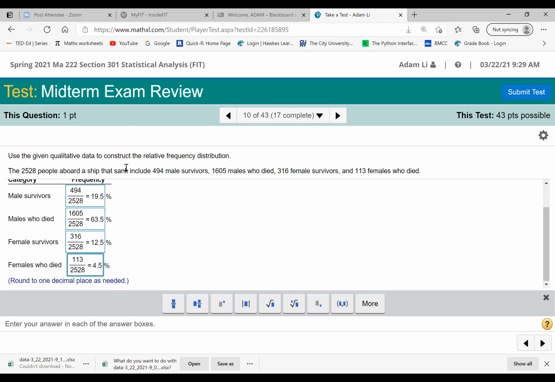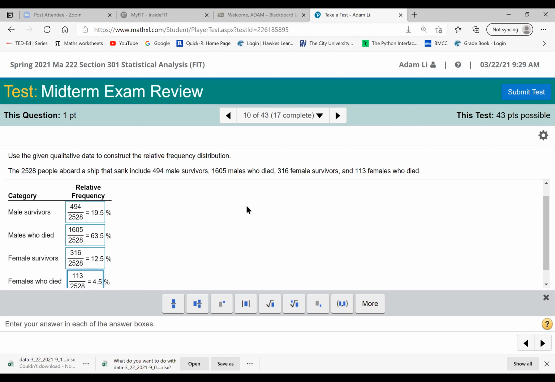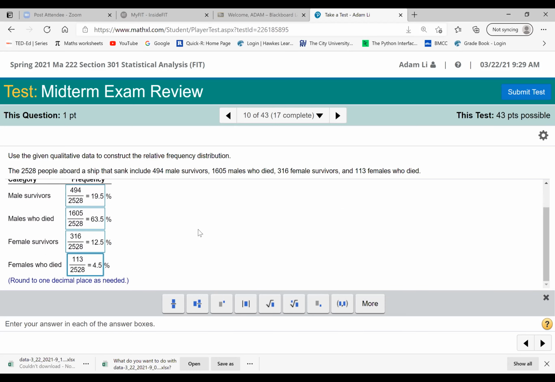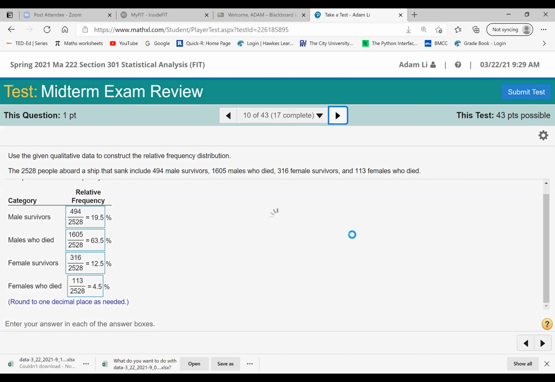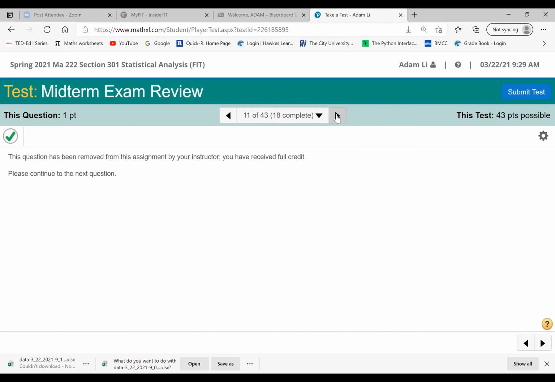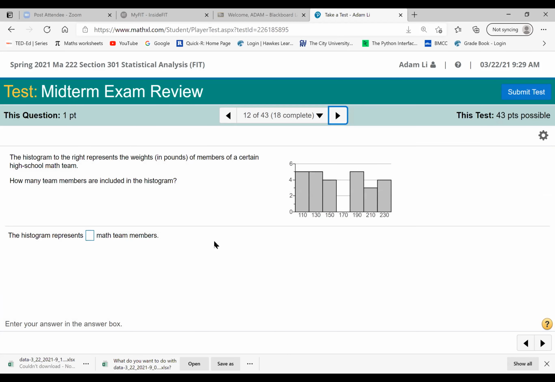Okay. Any question on this? Basically we just split all these different categories using percentages to represent each category. We call these relative frequencies. Okay, question 10 and question 11, I omitted question 12.